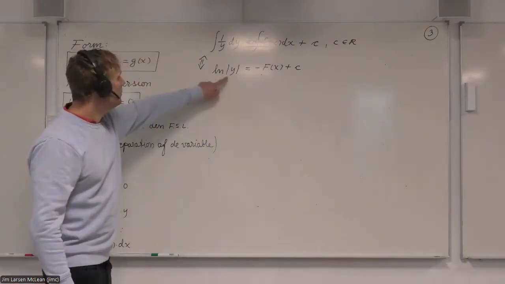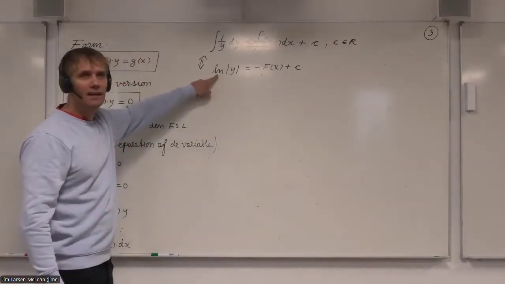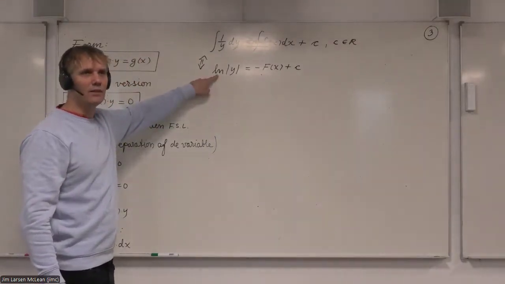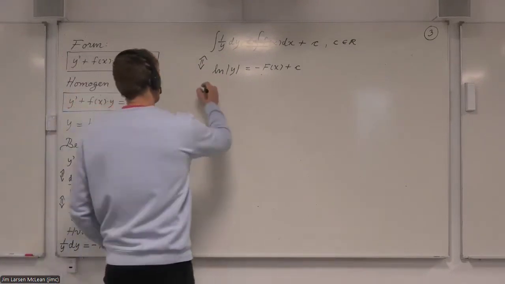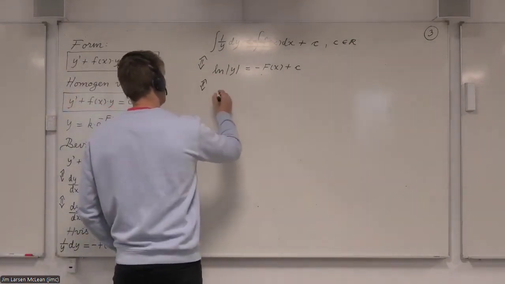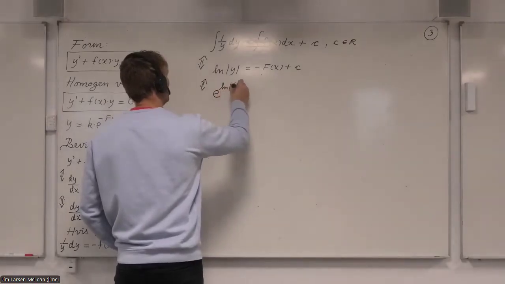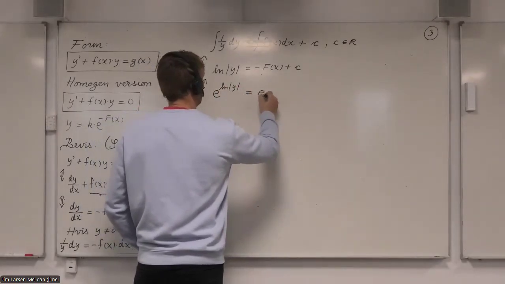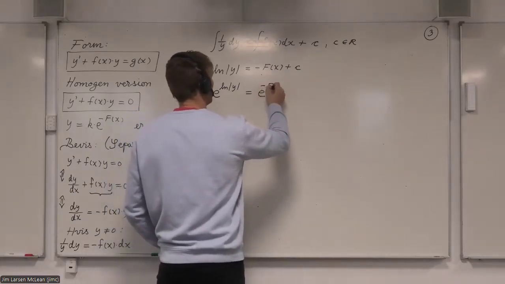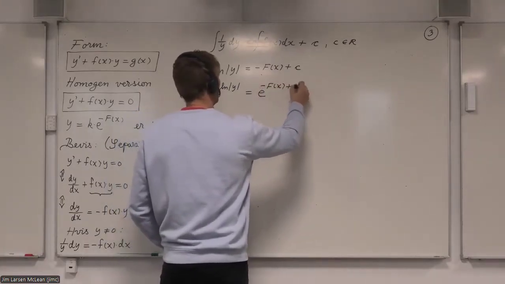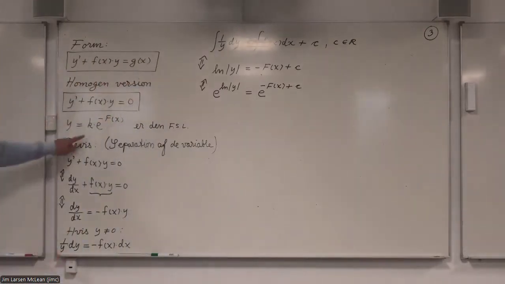Then I can find the absolute value of y by removing the ln, and I remove ln with its inverse function. So I exponentiate both sides with Euler's number. So I get Euler's number raised to the ln of the absolute value of y equals e to the power of negative antiderivative of f plus c. And I hope you can see that I'm getting something that looks like what I needed to prove.